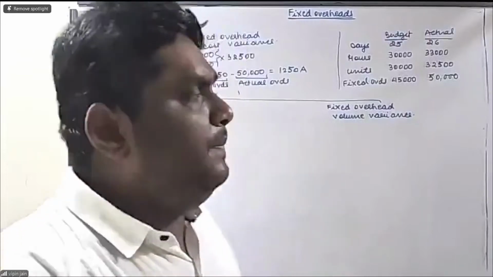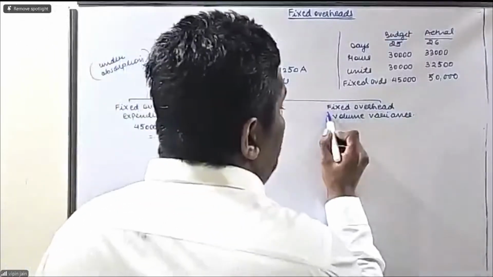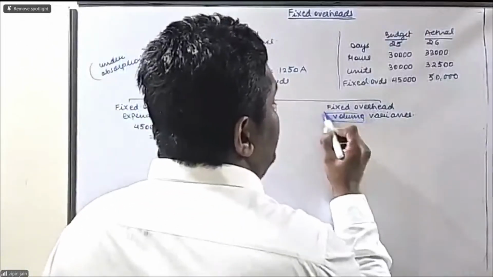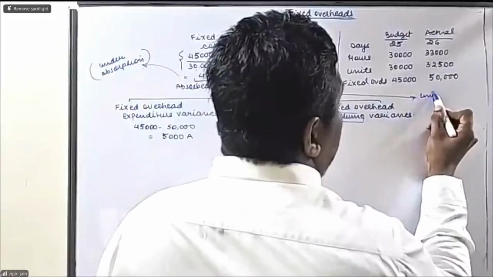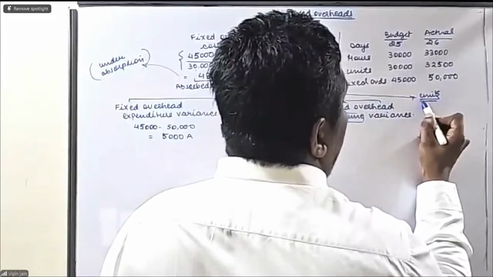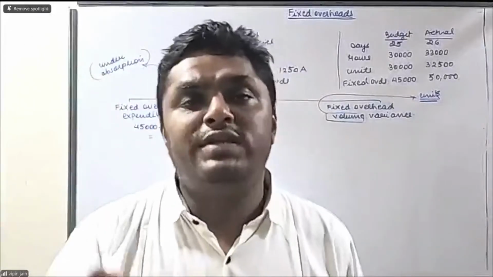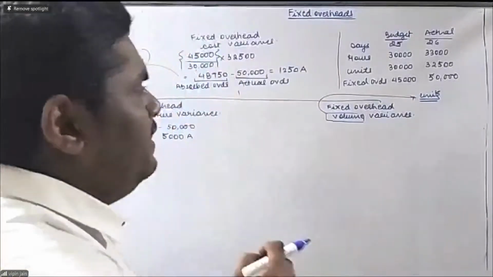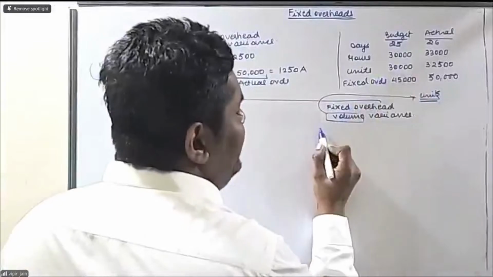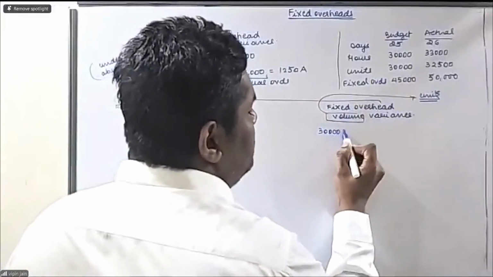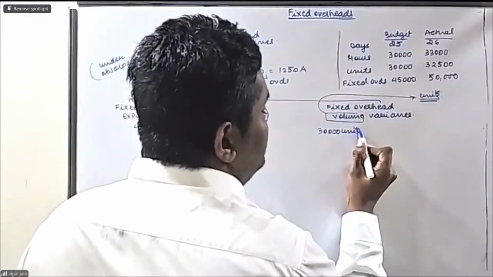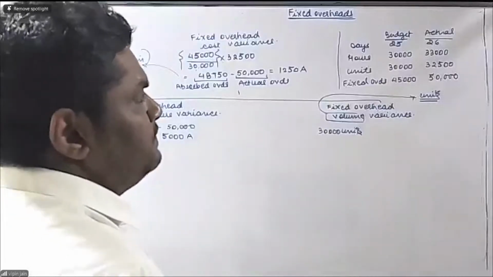So herein, how many units were we supposed to manufacture? 30,000 units we were supposed to manufacture.